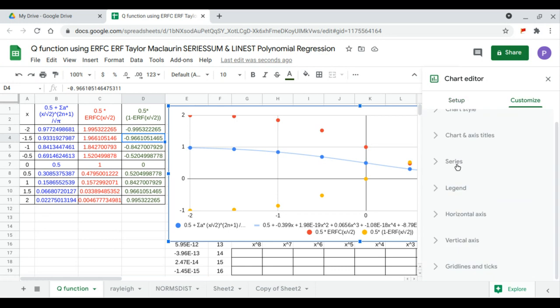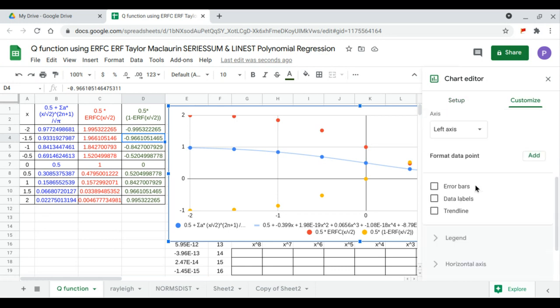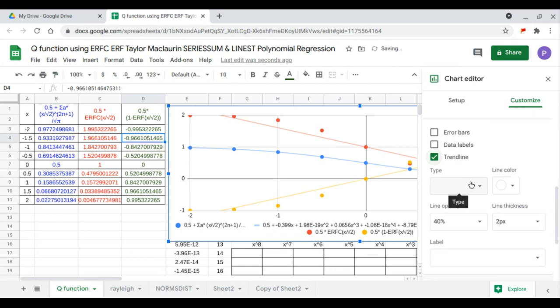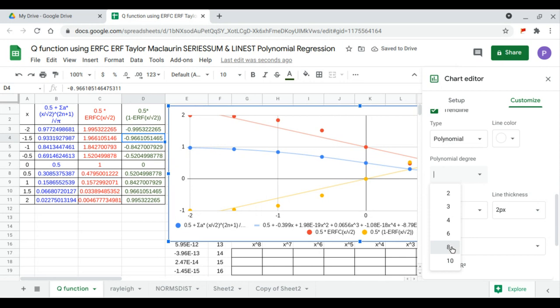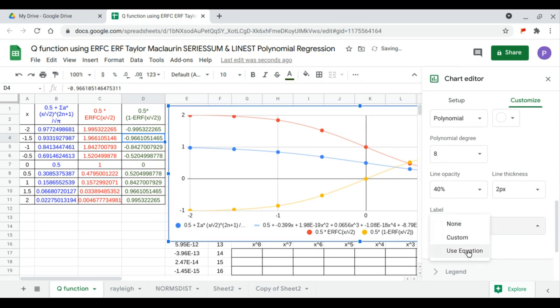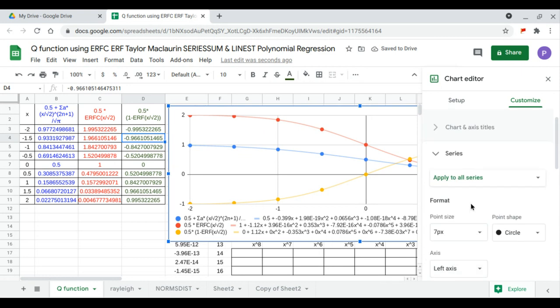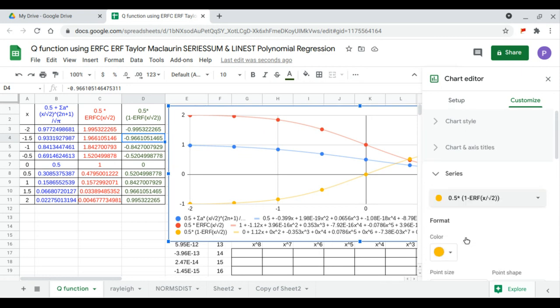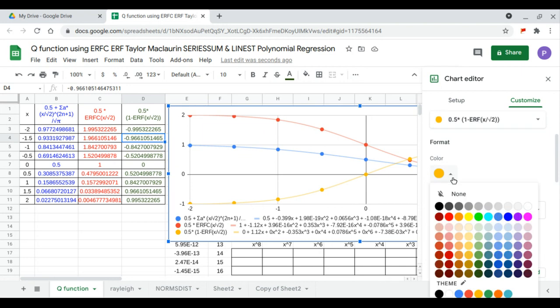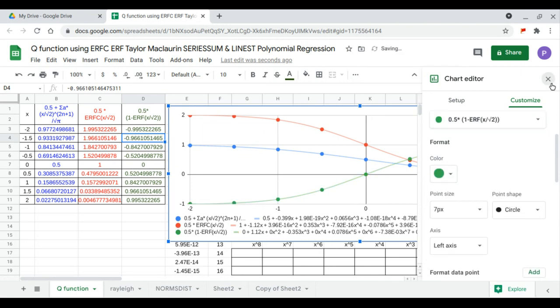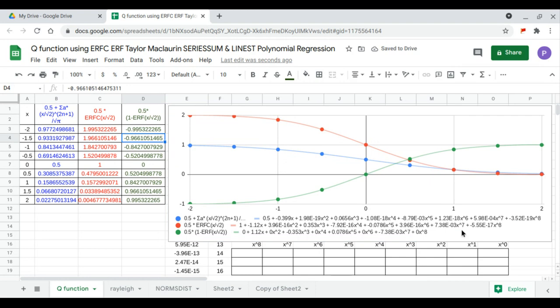So customize series, the trend line polynomial to the 8th degree. Use the equation as label. And we change the color of the error function polynomial, ERF, to green to match our data set. So here we have the polynomial and the trend lines.